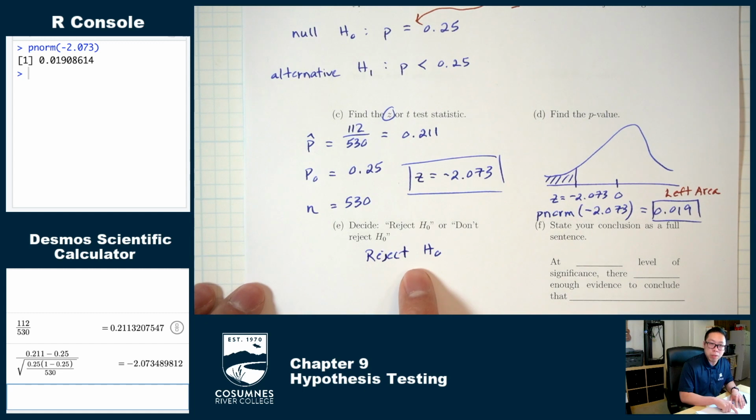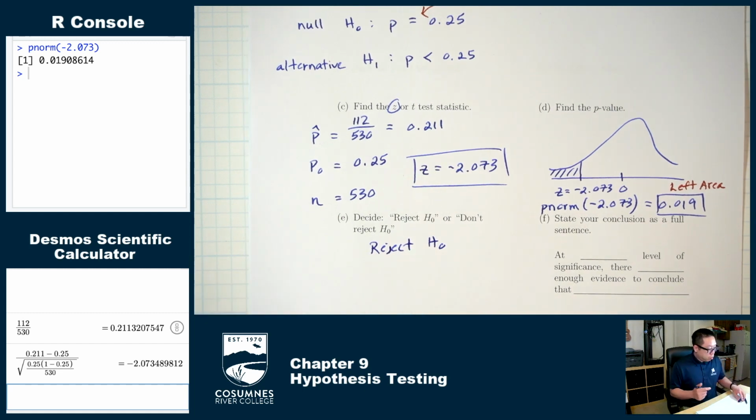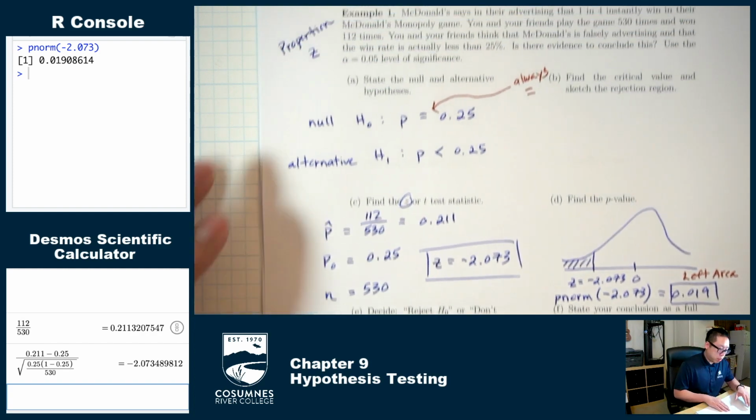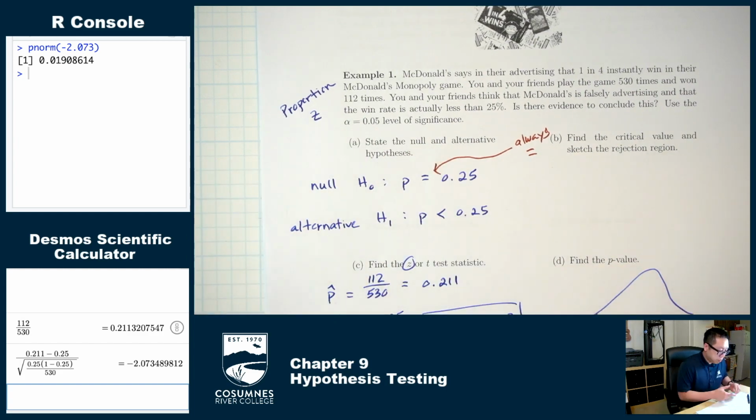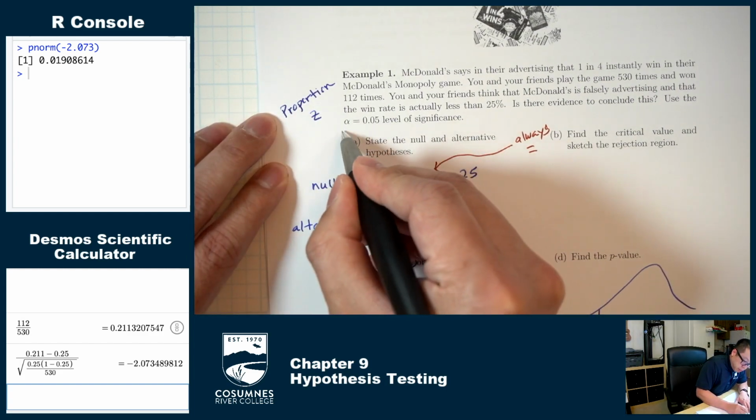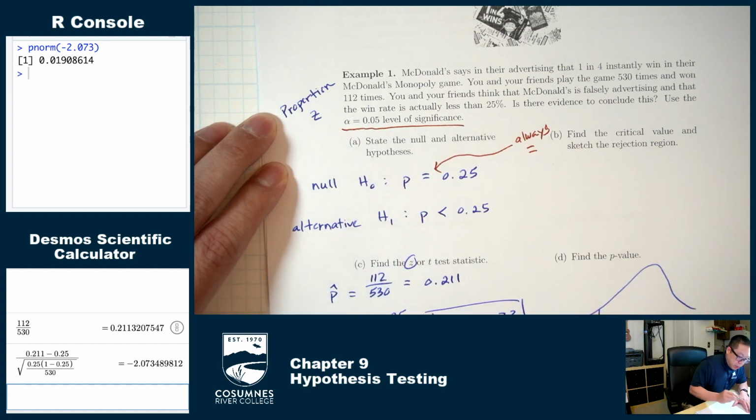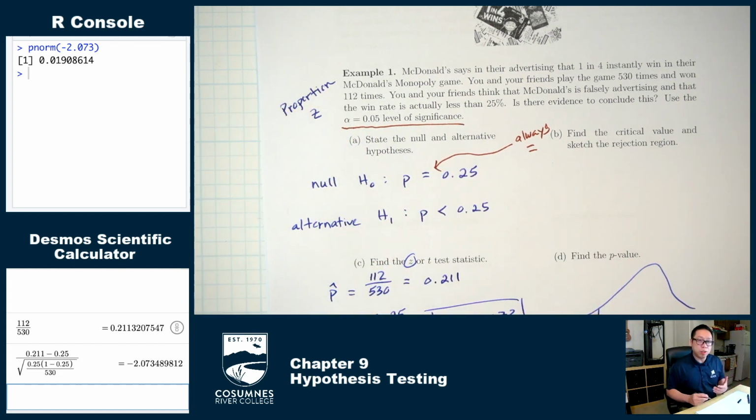And that's why we're rejecting H0. So what's the bar for what's considered so rare that we're going to say that H0 is wrong? The bar is this alpha, this level of significance. That's the bar for what's considered so rare that we're going to say H0 is wrong.